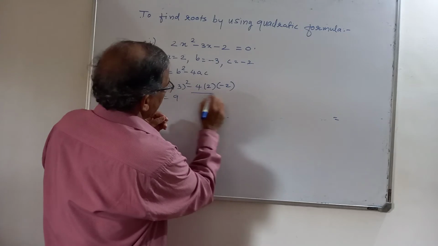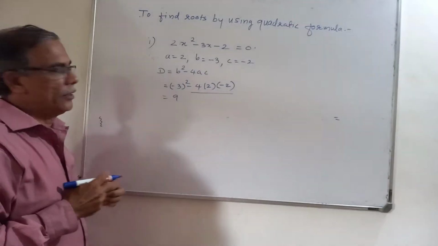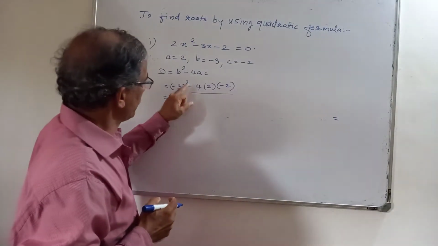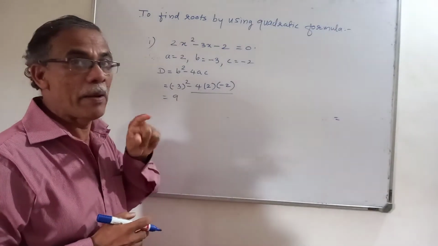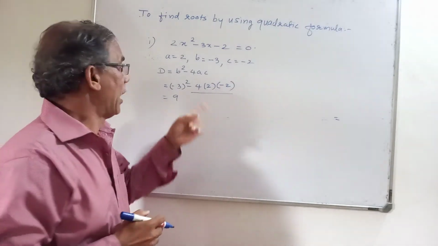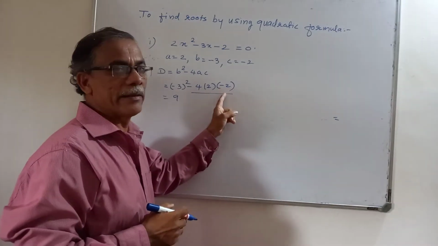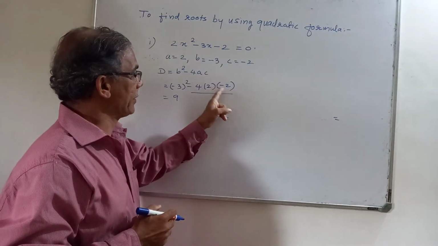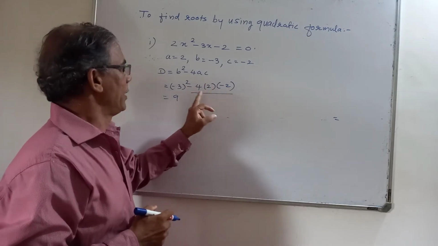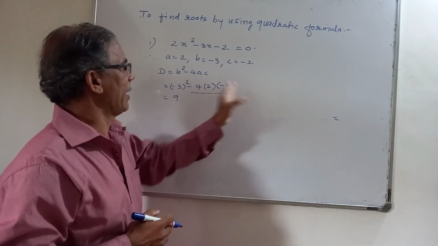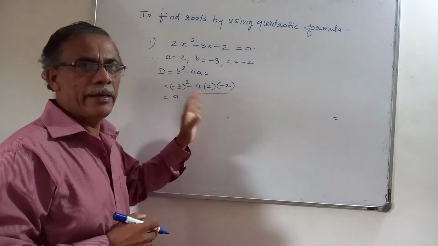Now from here it is multiplication. In this multiplication, minus 4 into 2 into minus 2, there are two negative signs, so the answer will be positive. So you decide how many negative signs are there in the multiplication. If there are two negatives, the answer will be positive. If only one negative and the remaining are all positive terms, then it will be a negative sign.